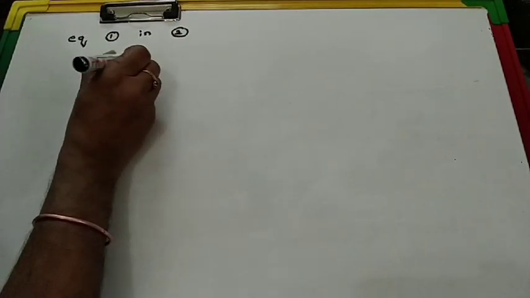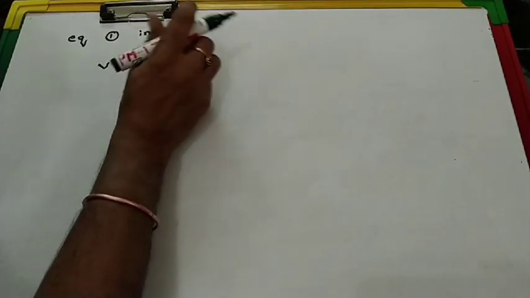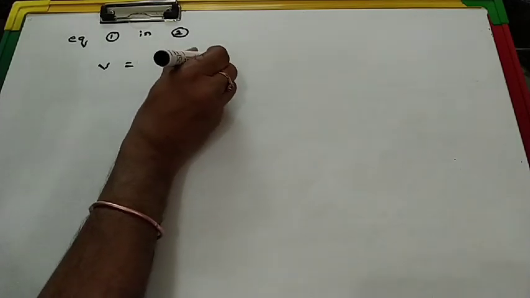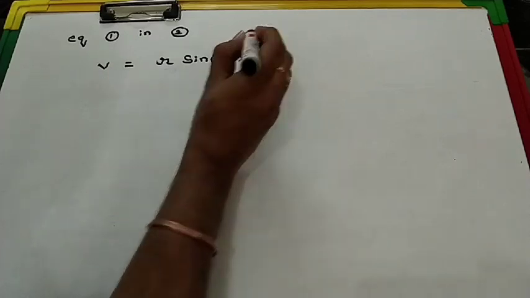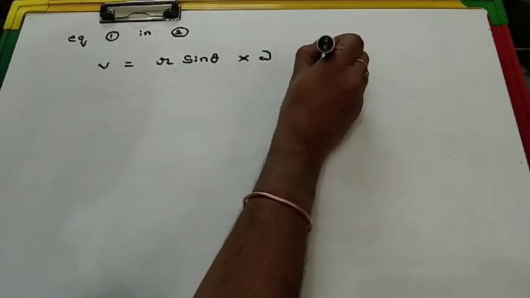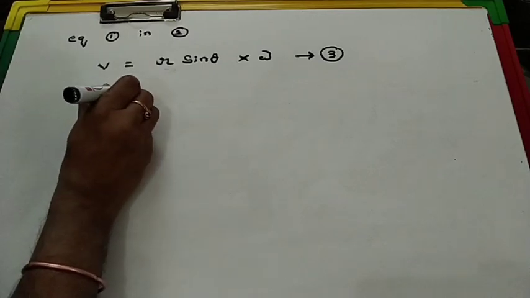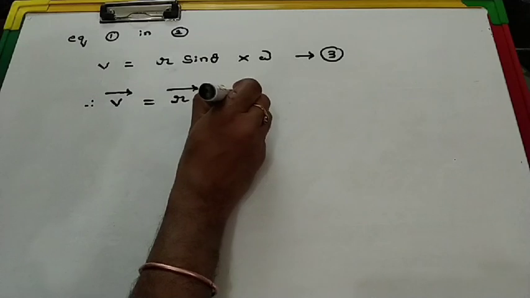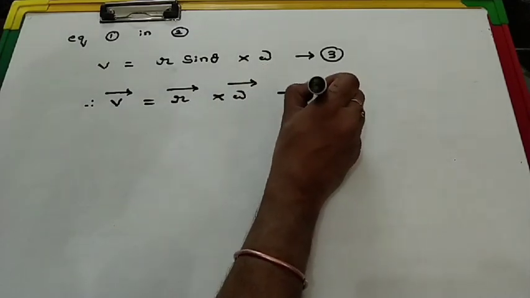Therefore, velocity v is equal to OA, which is R sin theta, into omega. Consider equation number 3. Therefore, V vector is equal to R vector cross omega vector. Equation number 4.